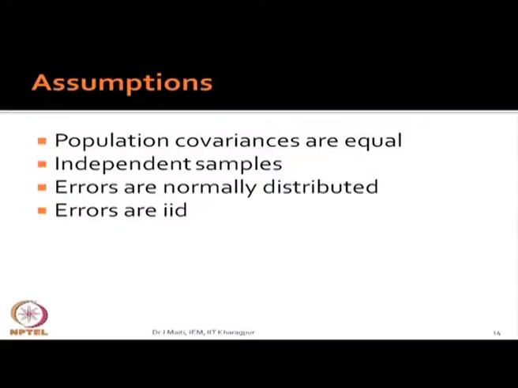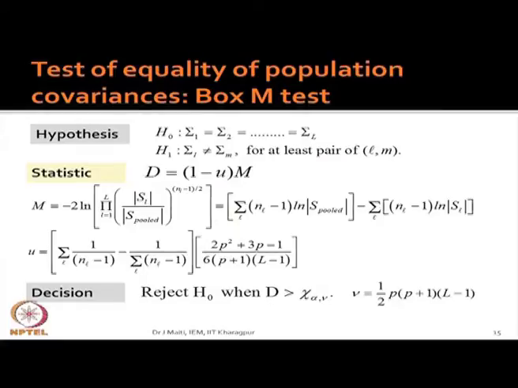Now, population covariances are equal. What statistic will you use for MANOVA? In MANOVA, we will use the Box M test. So, let us see what this Box M test is.